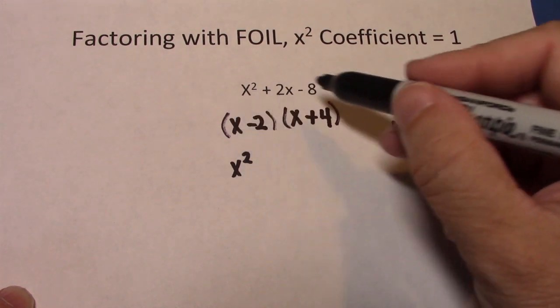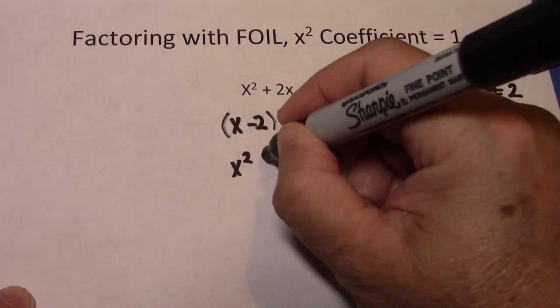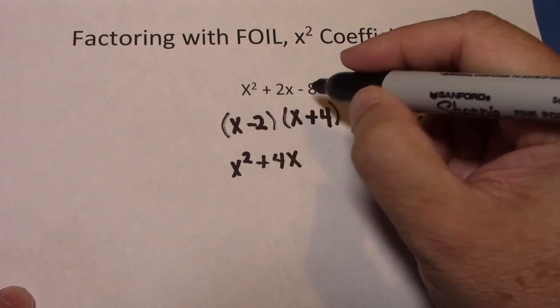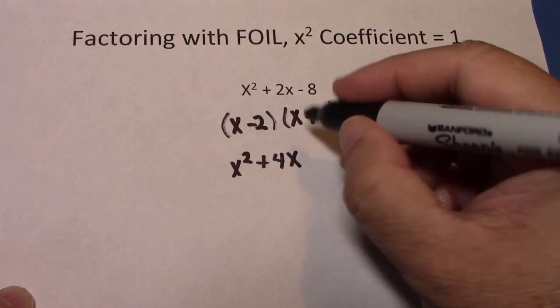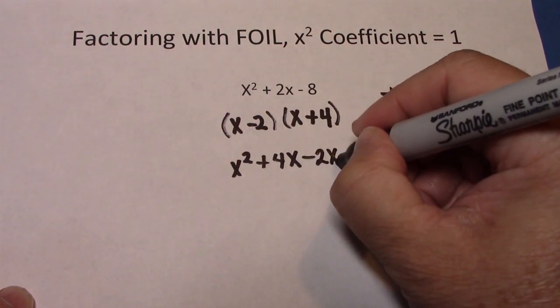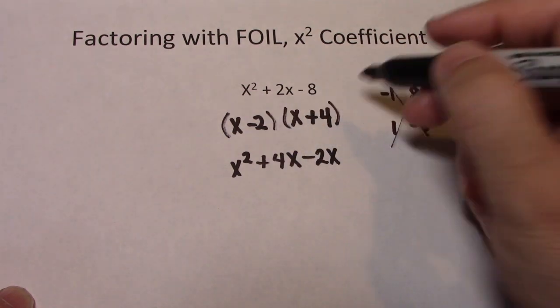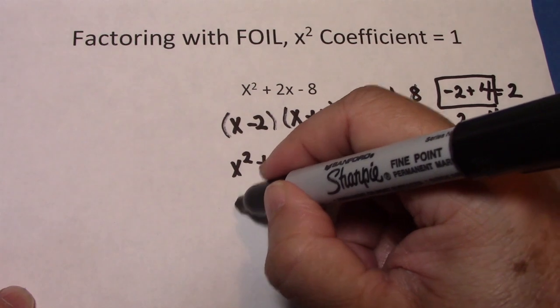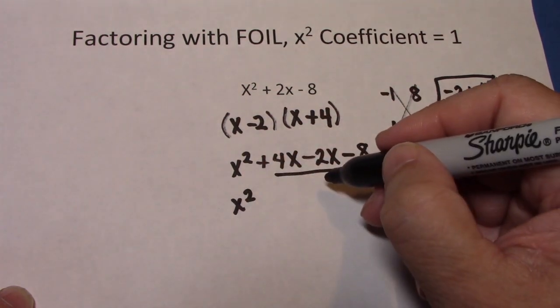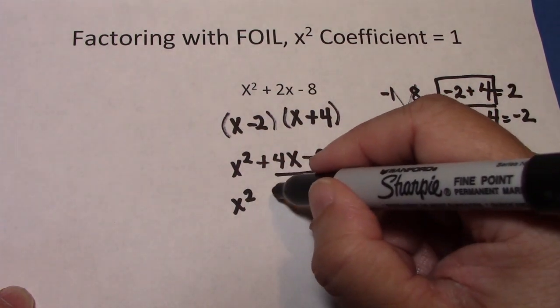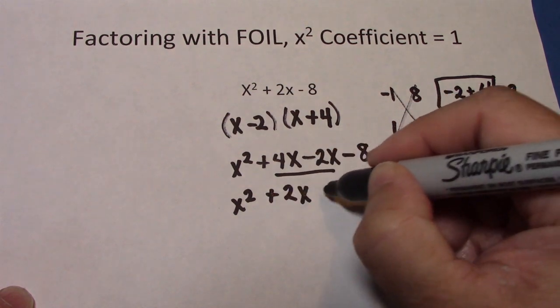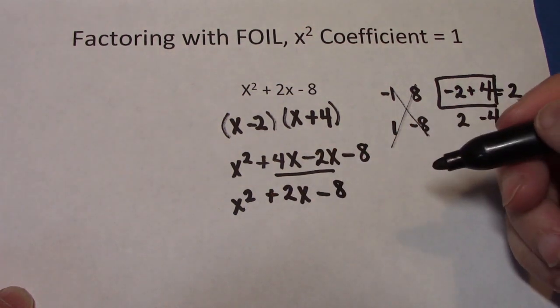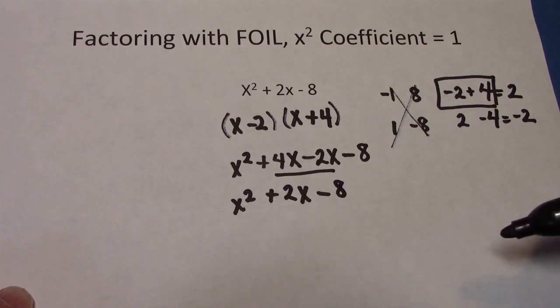Outer, x times positive 4 is plus 4x. Inner, x times negative 2 is minus 2x. And negative 2 times positive 4, negative 8. Combine my like terms, and 4 minus 2 is 2. And I'm back to where I started from.